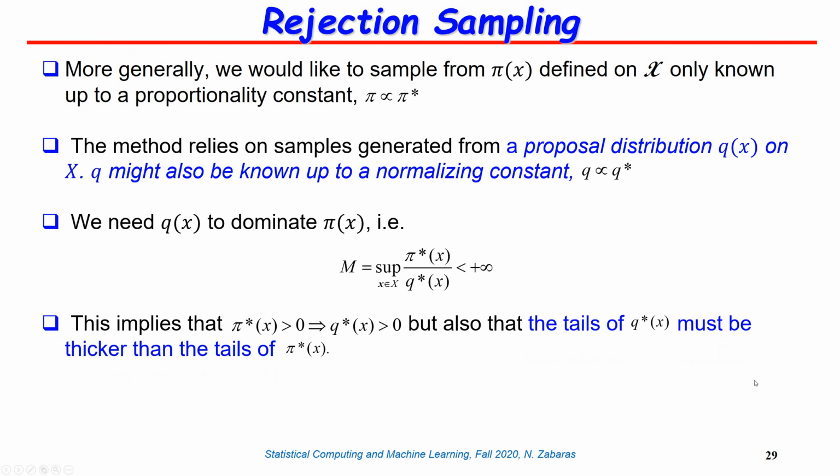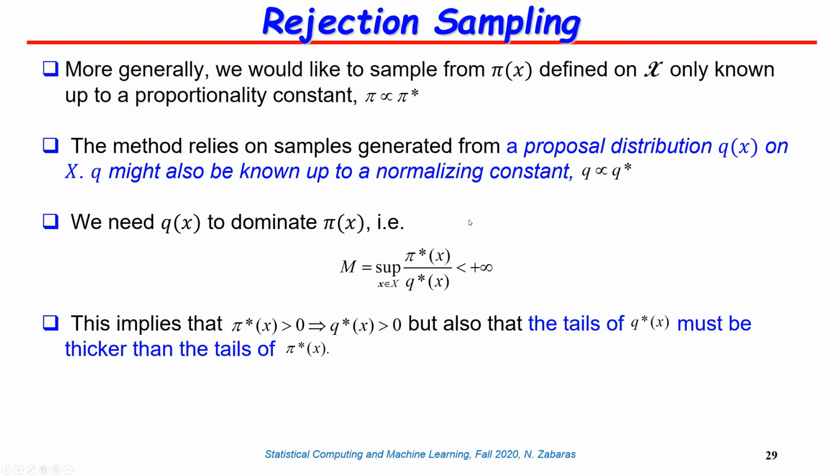Okay, so these are the fundamental constraints to make this rejection sampling algorithm useful. We're going to need q to dominate pi, and the domination is defined with this equation that you see here.